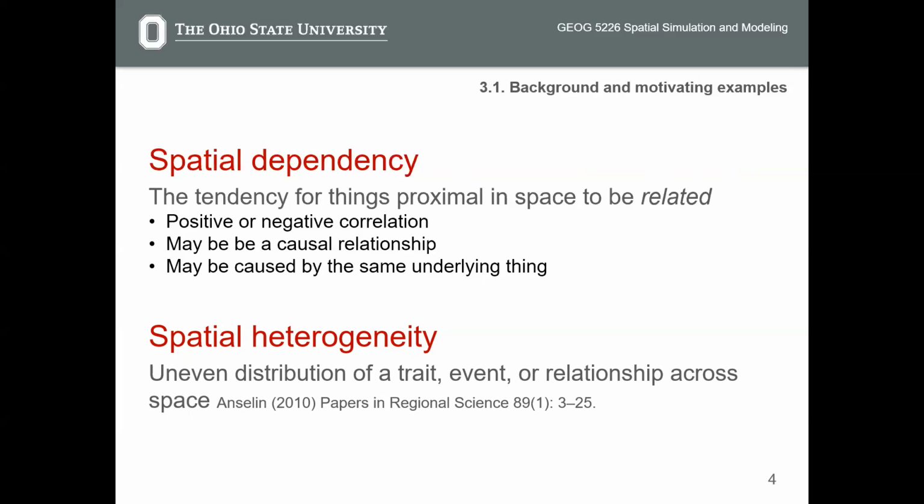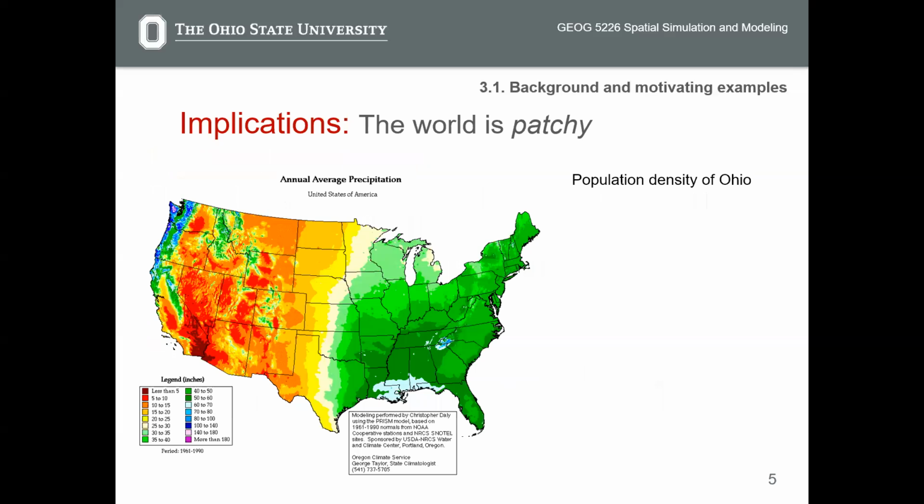And besides all those big cities, most regions in Ohio are rural areas, right? So this is spatial heterogeneity, uneven distribution of a trait, event, or relationship across space. For that example I used for Ohio, the uneven distribution of urbanized areas and rural areas, that is spatial heterogeneity, right? Here is an example.